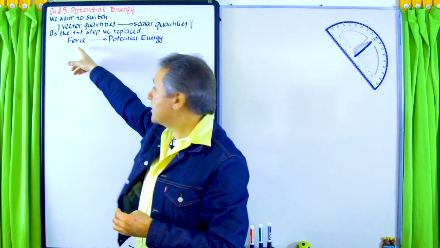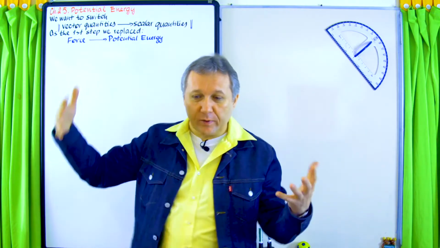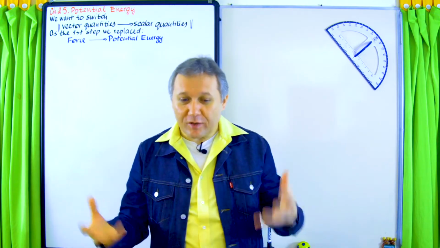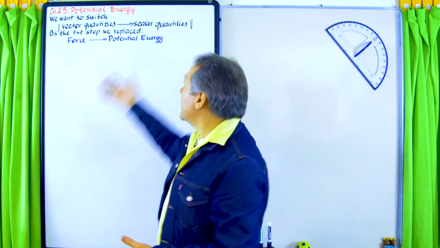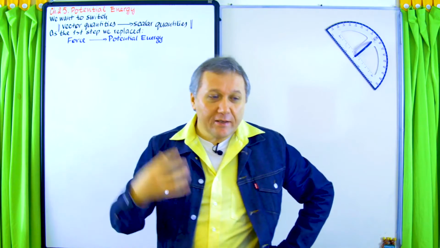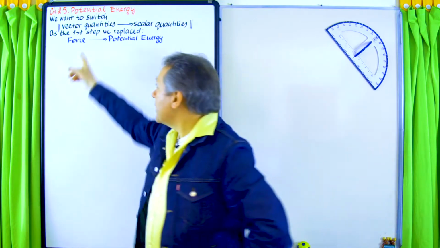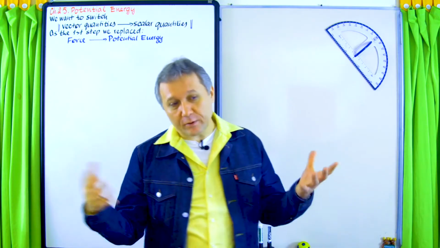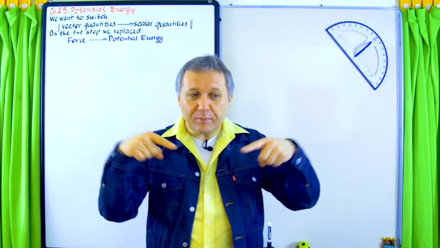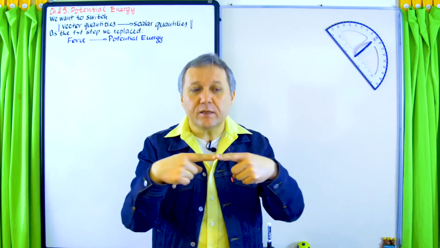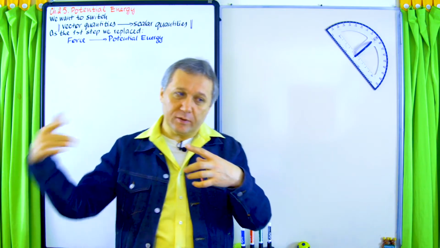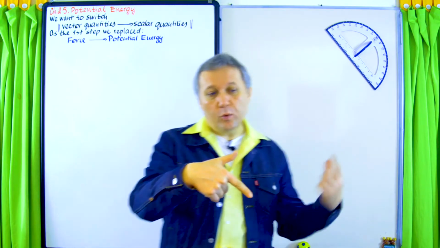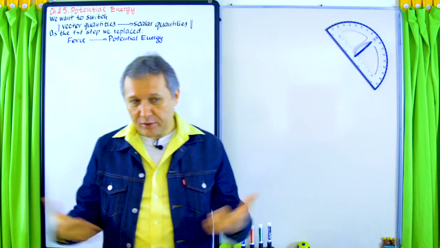What do I mean? In this case, force. Force, you remember, was introduced in physics to describe any possible interactions, right? And potential energy is an energy of interactions. Basically, these two different quantities describe exactly the same thing, interactions. If there is an interaction, you can describe it using electric force, or you can use potential energy.